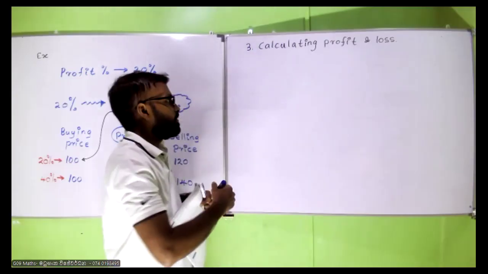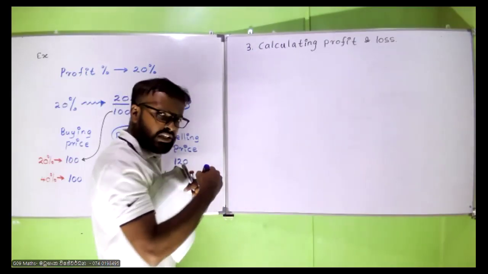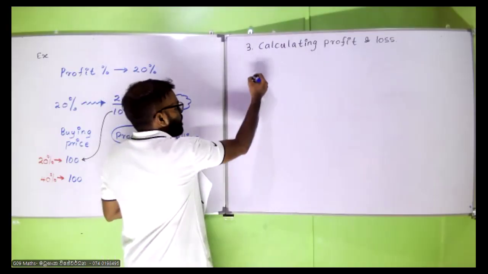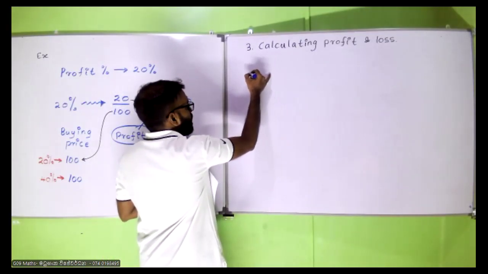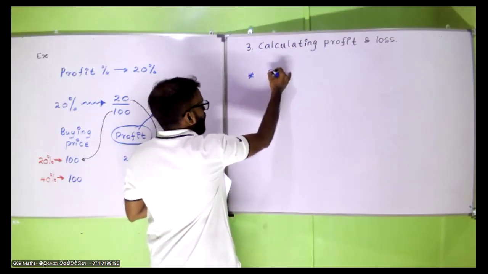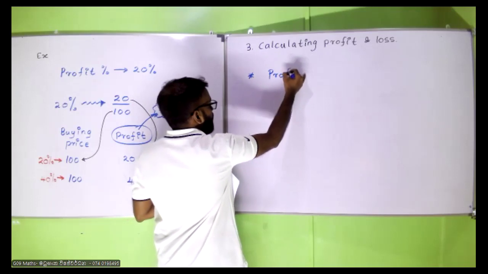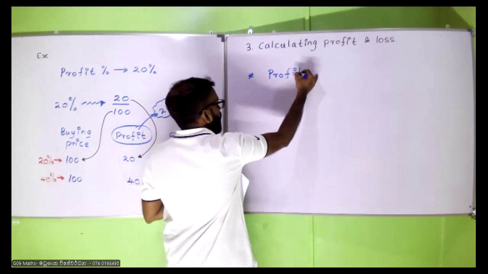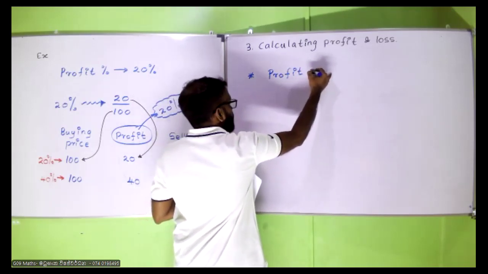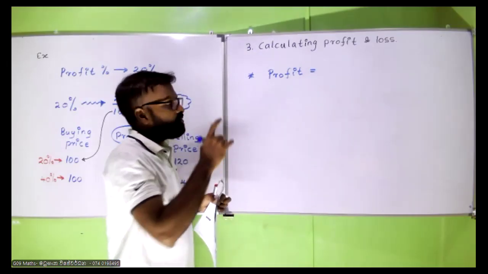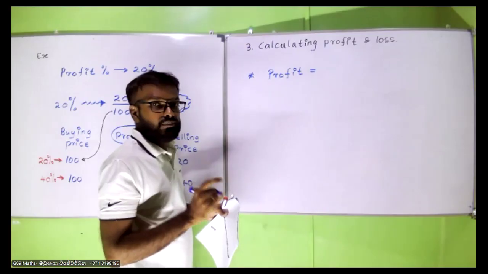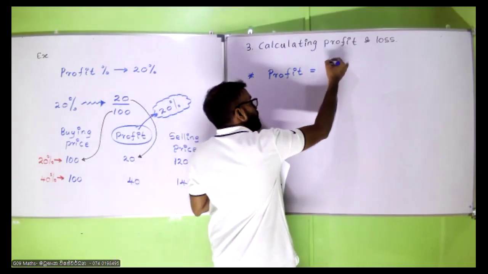First equation is finding the profit. So when you have been given the profit percentage and the buying price, you are going to find the profit like here.